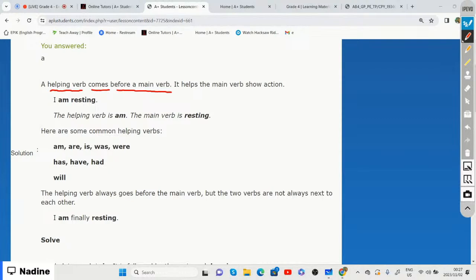And then we identify the helping verb that basically helps the main verb to show the action, because a helping verb comes before a main verb. So the helping verb comes before the main verb, and it helps the main verb to show action.